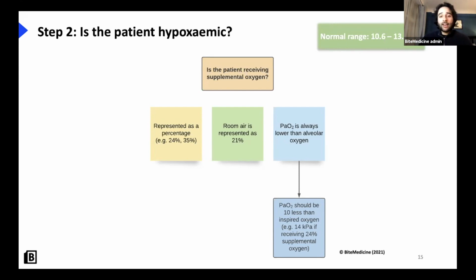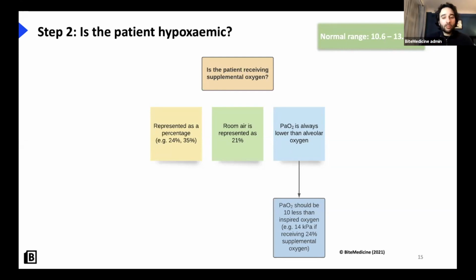So as a result of this point here, PaO2 is always lower than alveolar oxygen, we have to have some rough estimate of how much lower that is. The general consensus within the community is that your PaO2, i.e. your arterial oxygen, should be 10 less than your inspired oxygen, i.e. how much oxygen you're receiving.